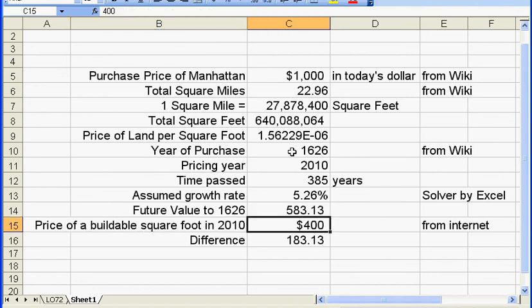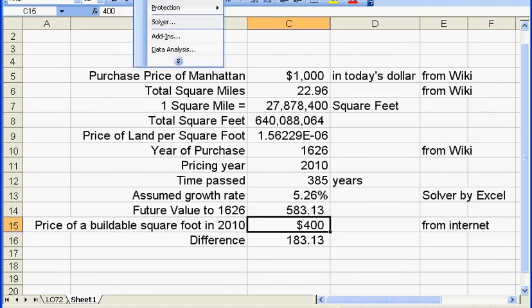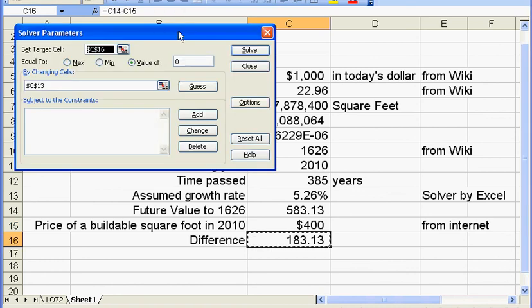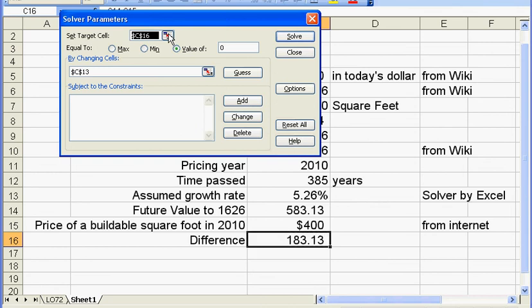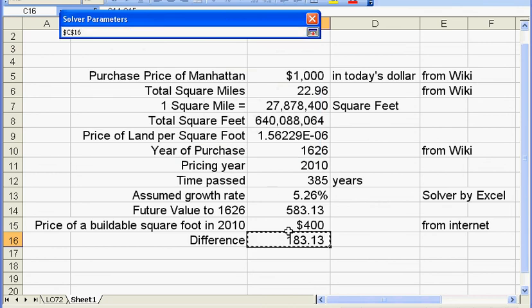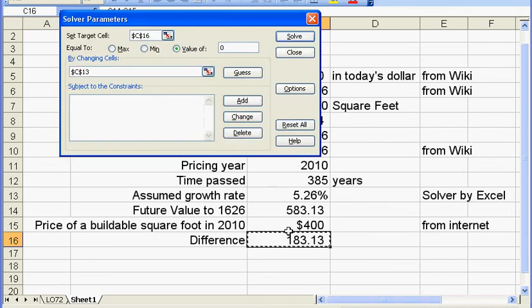Now, again, you go to Tools and get Solver. If you don't see it in the Tools, you use add-ins to get it into the Tools. Okay, you want to set this target cell to the value of 0 here, so that my future value and the current price are the same.